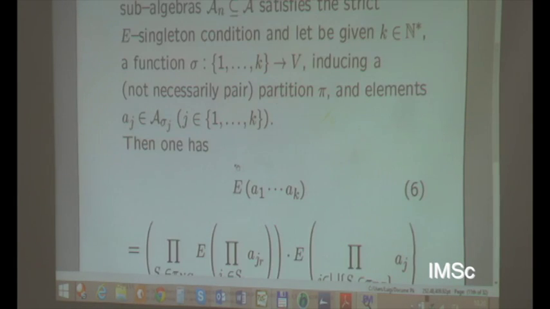We will come back to this point, but I want to show you the real essence of the matter.